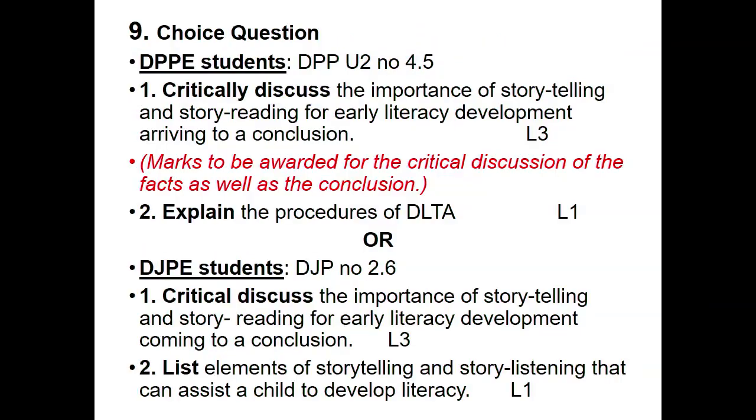Number 9, also a choice question for the DPP students, DPP Unit 2, number 4.5. Critically discuss, level 3. The importance of storytelling and story reading for early literacy development, arriving to a conclusion. Remember, a critical discussion as well as a conclusion.